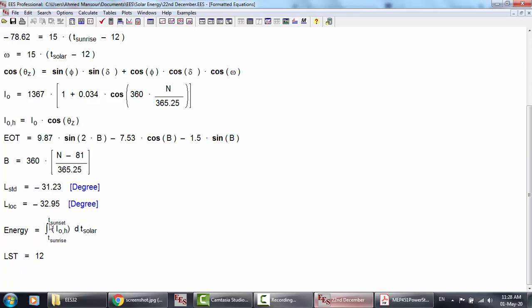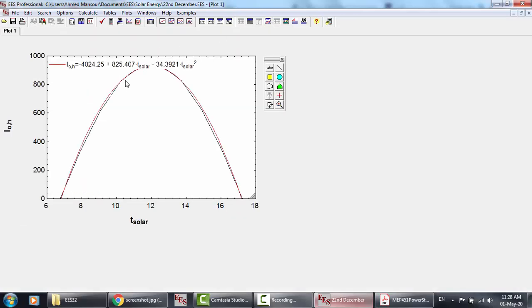Of course, this is the more accurate value because this is not the curve fit. Okay, so now let's calculate the integral from this equation.